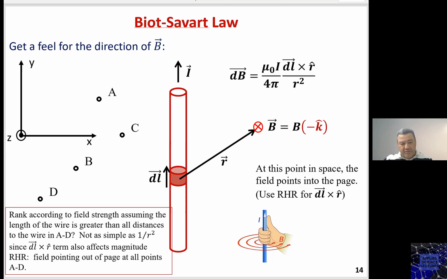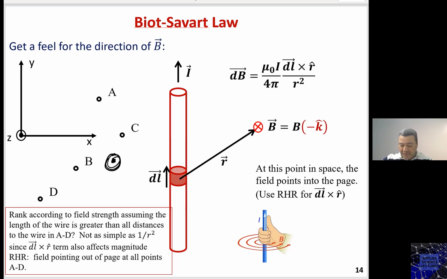Now notice, again due to the right hand rule, the magnetic field on the left side of the wire is pointing out of the page, right? So this is another observation that you need to be aware of. Based on the right hand rule, the right side of the wire, the magnetic field is pointing into the page, and the left side of the wire, the magnetic field is pointing out of the page.